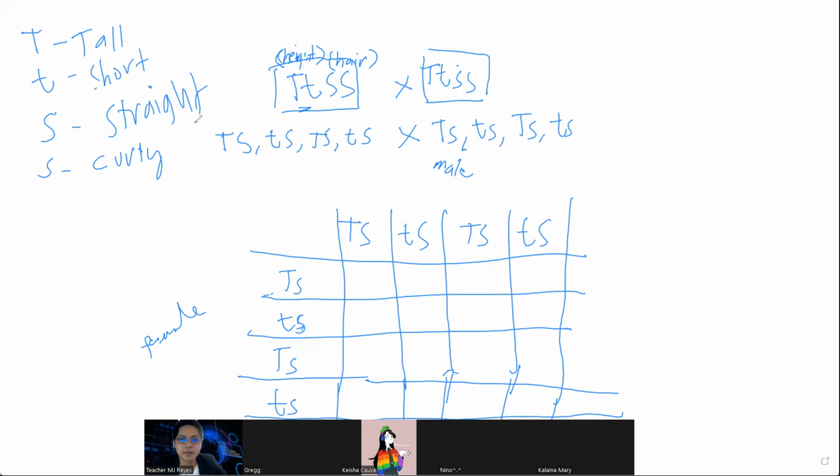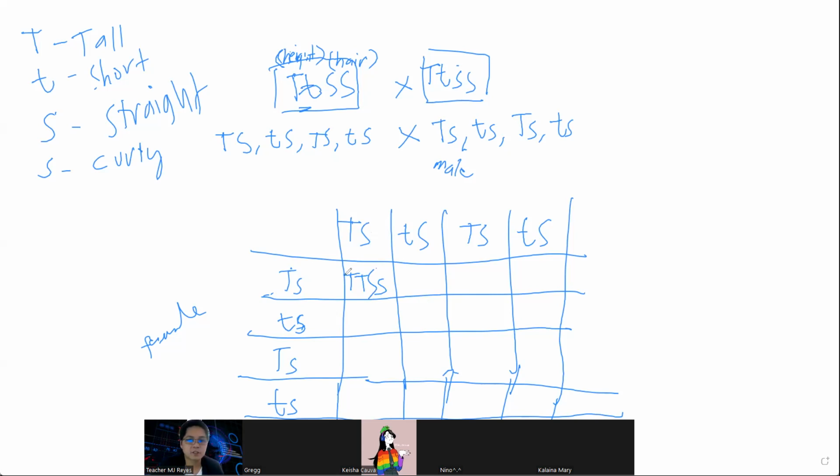You check on the cross, you start from height. So T. You check on the T here and the T here, look at, we have homozygous tall to a heterozygous straight.